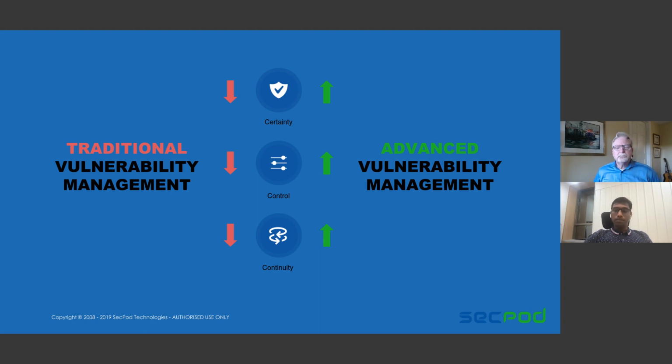Someone else has applied the remediation and they say that they have actually applied it, but my vulnerability management software is still saying that those are still there in the environment. So there's no proof to say that this is actually remediated. So it's having that sense of control that I have actually applied remediation, and because of that, that vulnerability is actually eliminated.